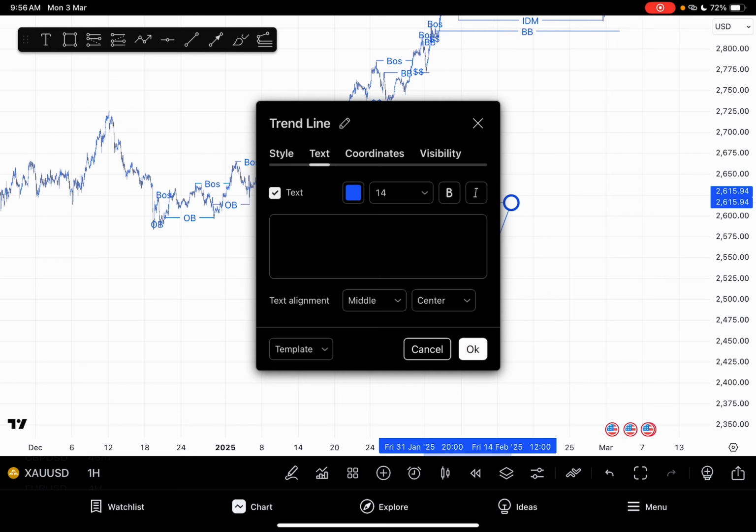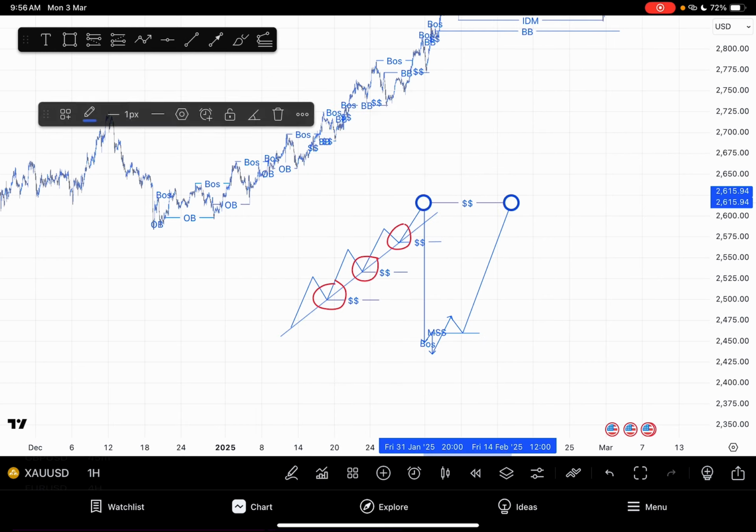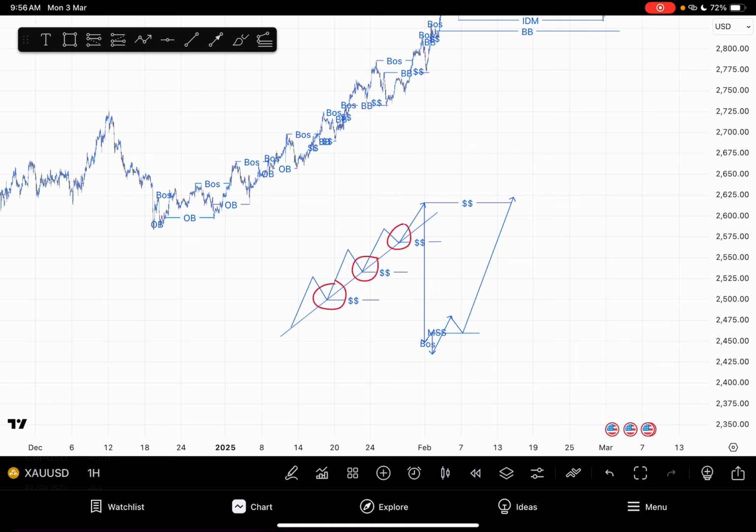So now it takes out this as the next liquidity. So this is how you can always use this kind of pattern for your trade.